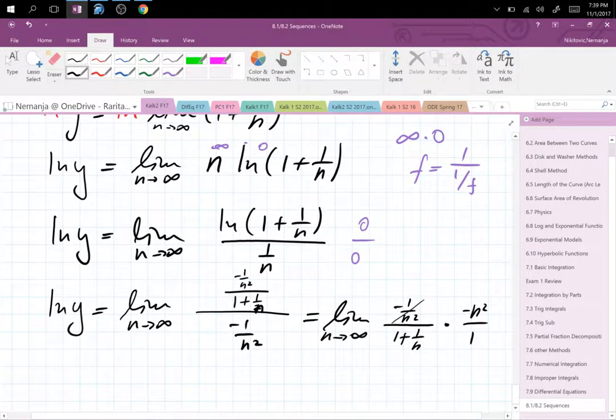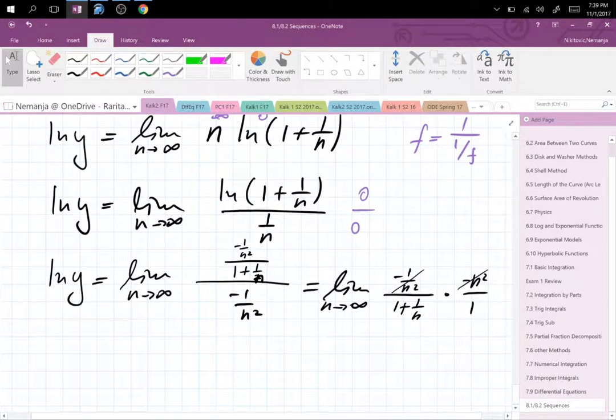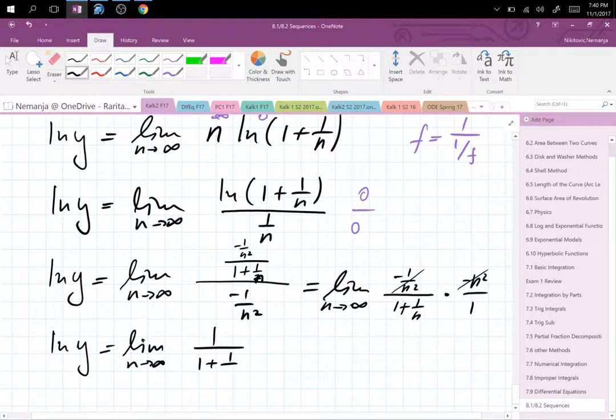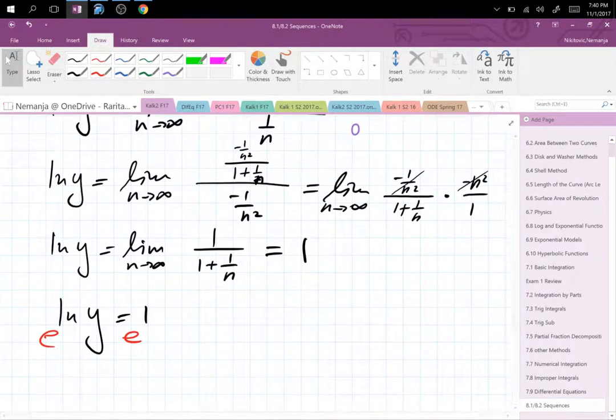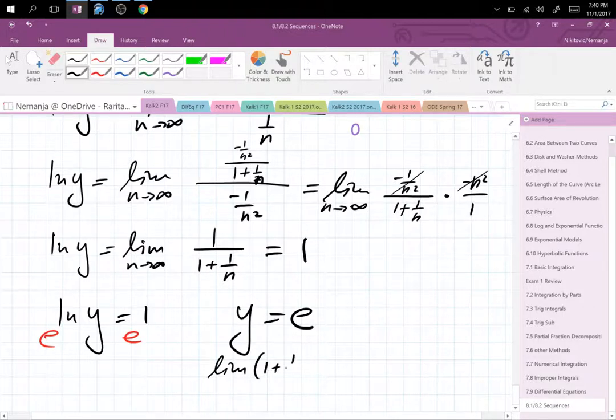And now we see that these cancel, and we are left with ln y equal to the limit as n goes to infinity of 1 over 1 plus 1 over n, which is 1. So ln y is equal to 1. We exponentiate both sides to get rid of ln, and there it is, y equals e. And remember that y was defined as the entire limit. So the limit of (1 plus 1 over n) to the n is e.